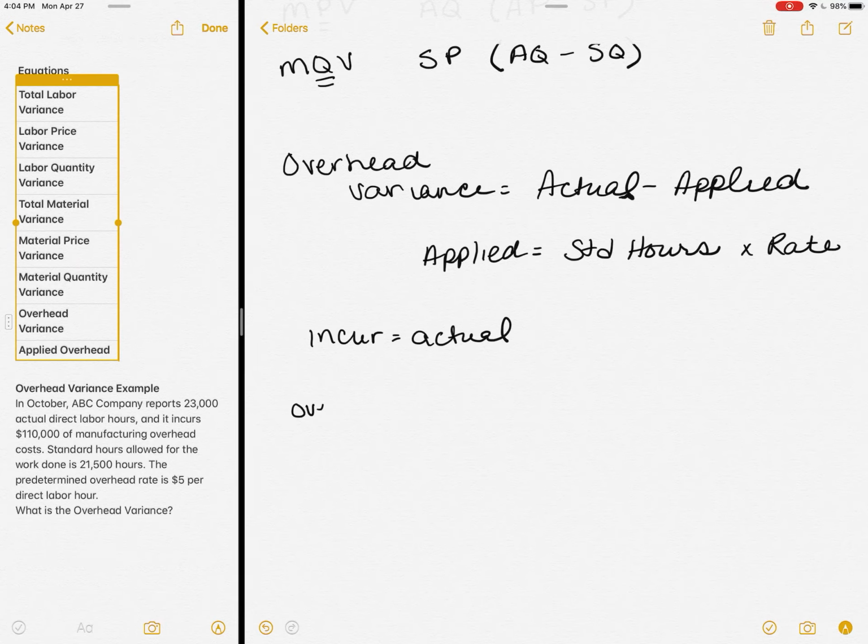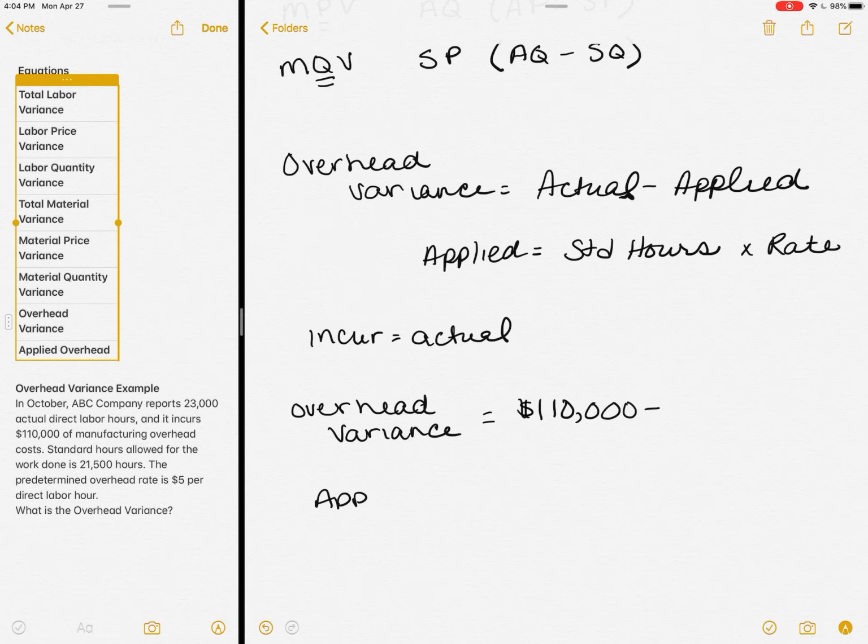So to find that overhead variance, I'm going to find that actual amount, start there. Now I have to find my applied amount. It tells me my standard hours allowed for work done is 21,500 and the standard rate is $5.